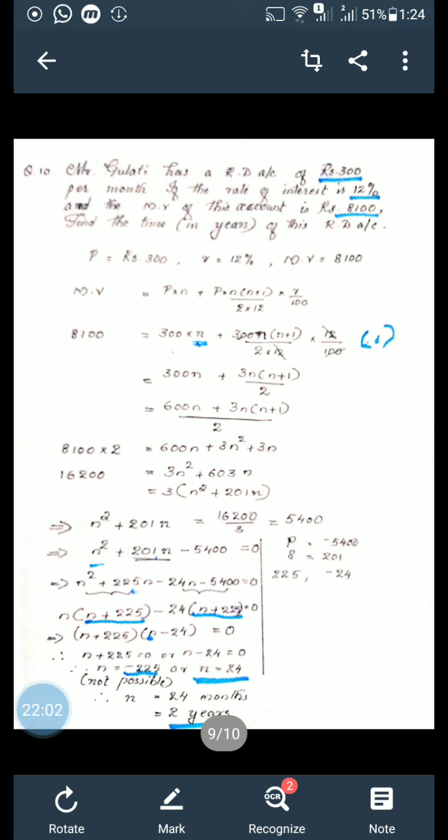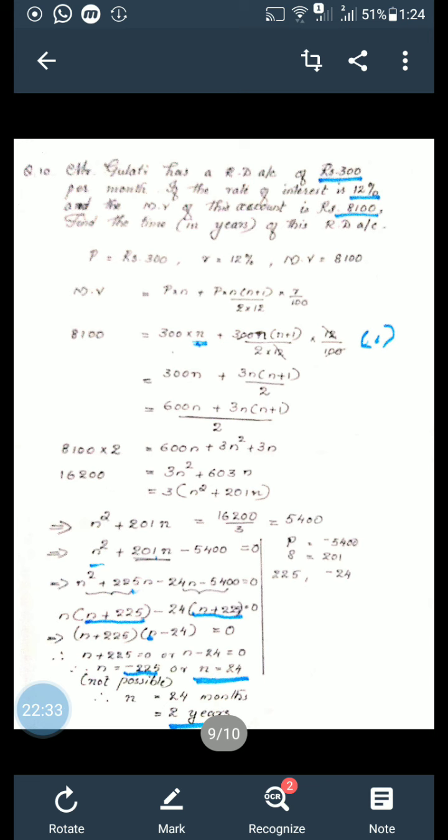Maturity value is equal to P into n plus P into n into n plus 1 by 2 into 12 into R by 100. Substitute the values given. Instead of maturity value, you can write 8,100. Then P is 300. Then we want to find n.